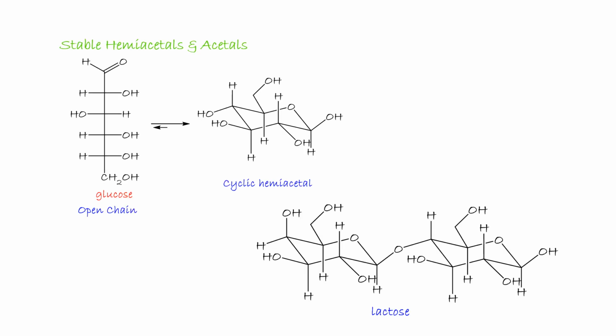Stable hemiacetals and acetals. Very clear examples are saccharides. Monosaccharides are present in open and cyclic form. So glucose, open structure, where the aldehyde functionality is number 1, and we have OHs.